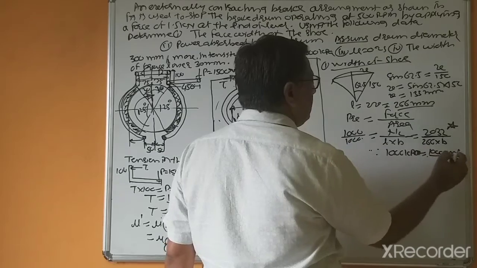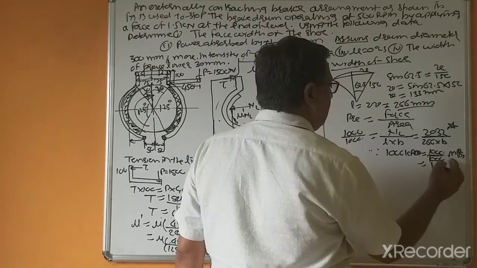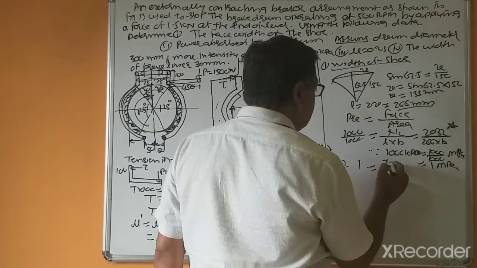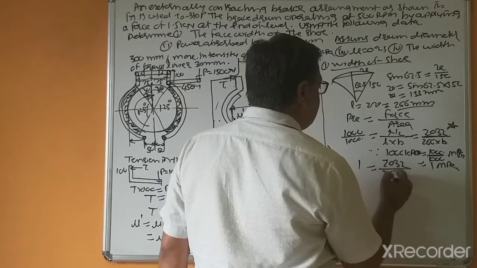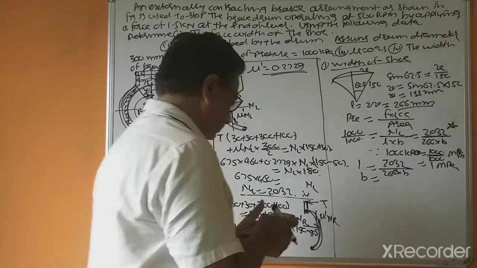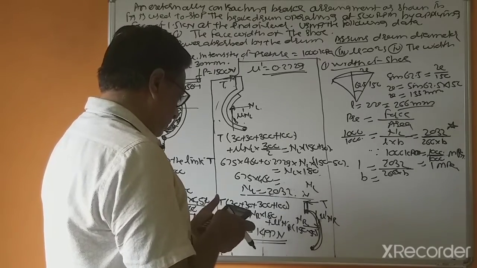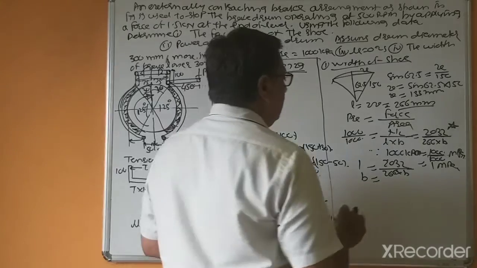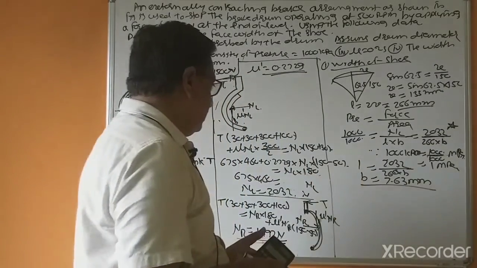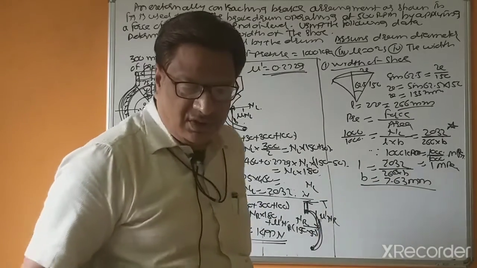So this becomes megapascal. 1 megapascal. 1 into force 2032 divided by 266, B equal to, so width is required, very less width, 7.63 mm width is required. So this is as per the given value.